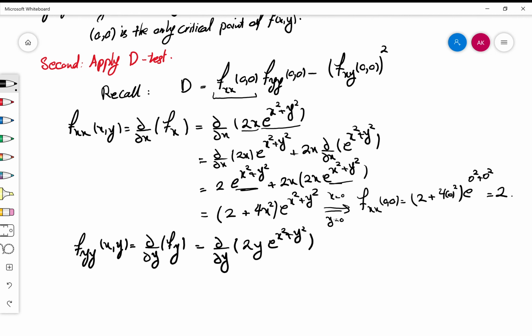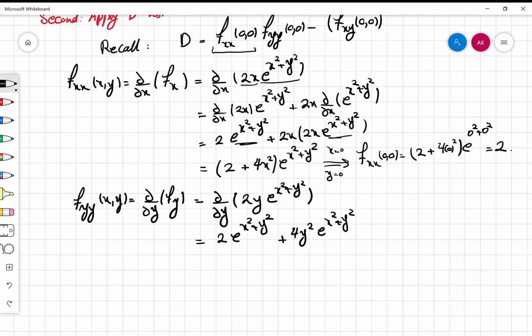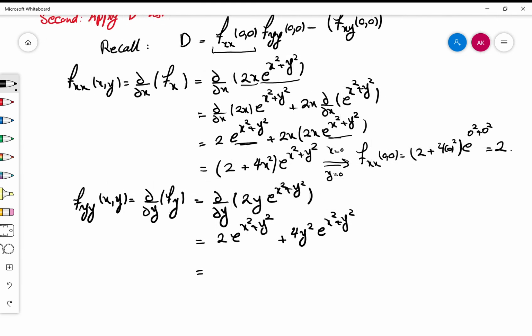And well, do product rule, and as a result you get 2 e to the power x squared plus y squared plus 4y squared e to the power x squared plus y squared. I'm not repeating the same steps that we did for the fxx here. Okay, so then factor this, you get 4y squared e to the power x squared plus y squared.